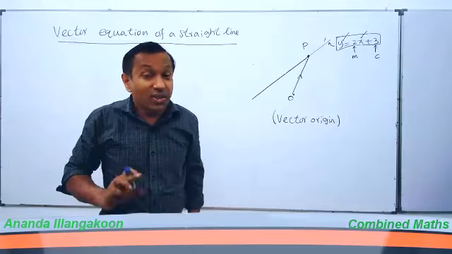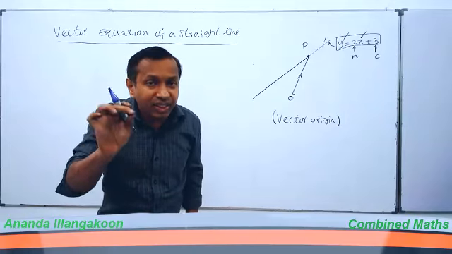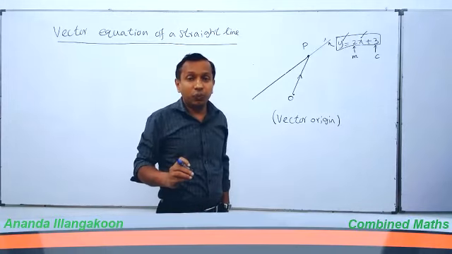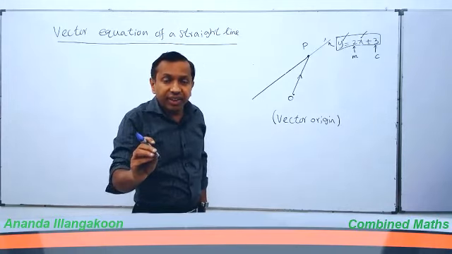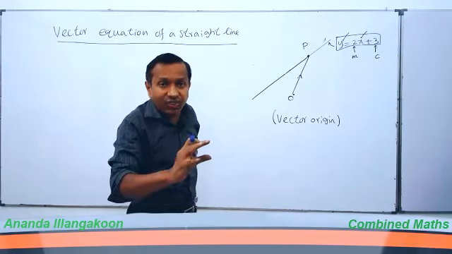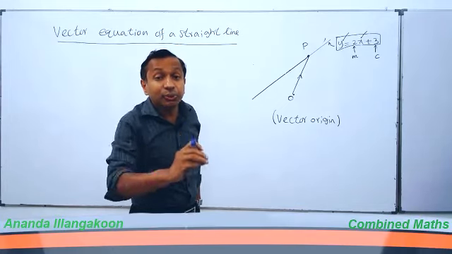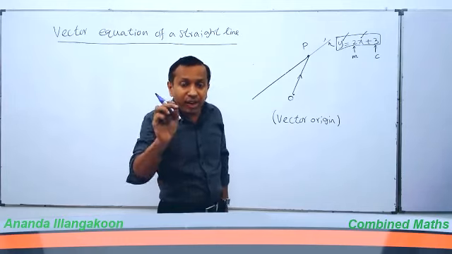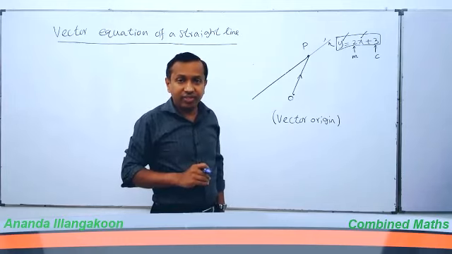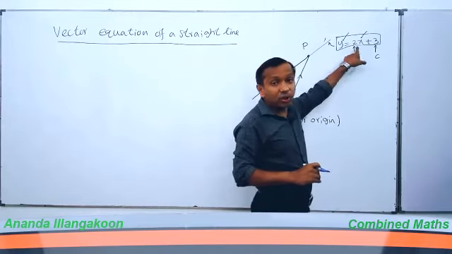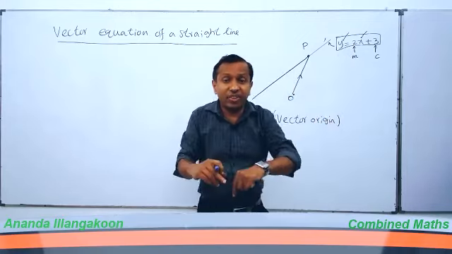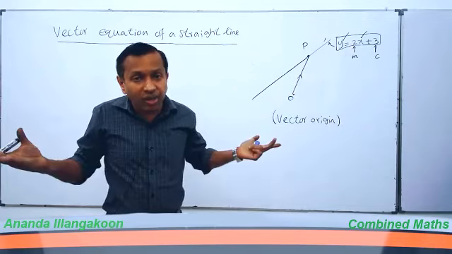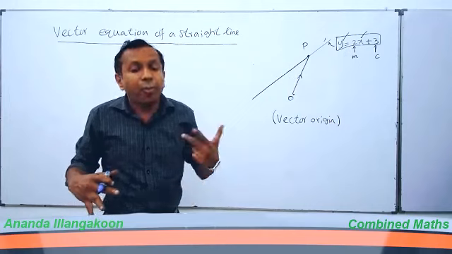Understood? Now people, vector equation of the line means we are going to obtain a general equation that gives us the position vector of any point on the line. Earlier it was the common relationship between x and y, the x coordinate and y coordinate of a point. Now we don't have x, y; we have a position vector.